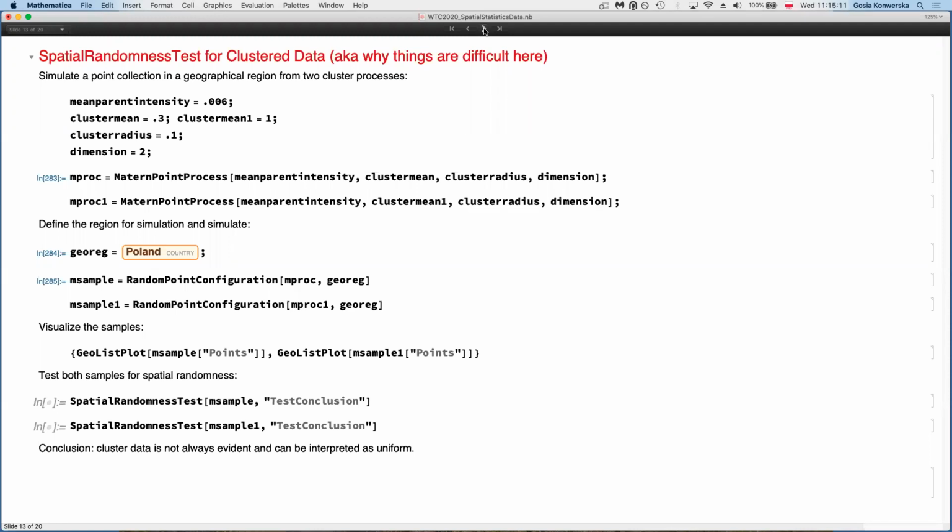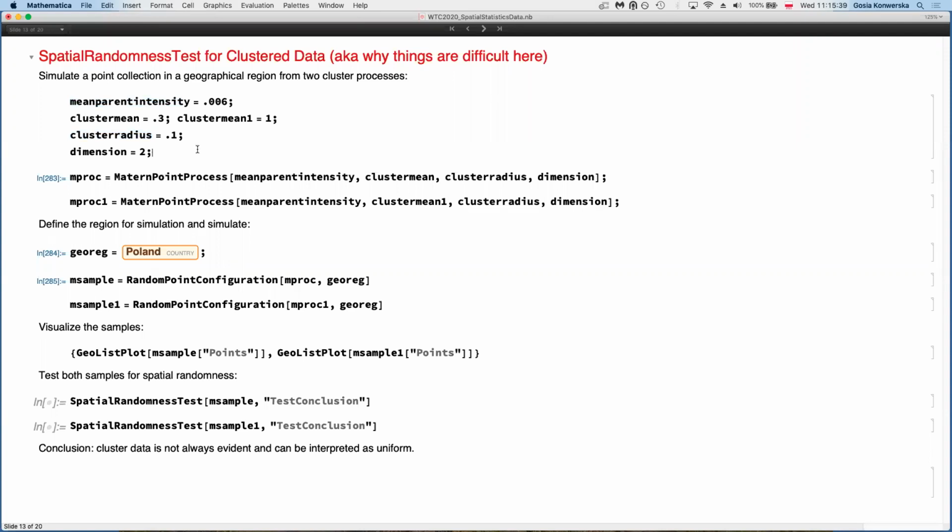And so I have an example here for cluster data, and I will simulate two cluster processes over a geographical region, and they will differ only in the average number of points per cluster. The first parameter here is the intensity of points in the parent process, so the cluster centers, and the cluster radius tells you the size of the cluster.